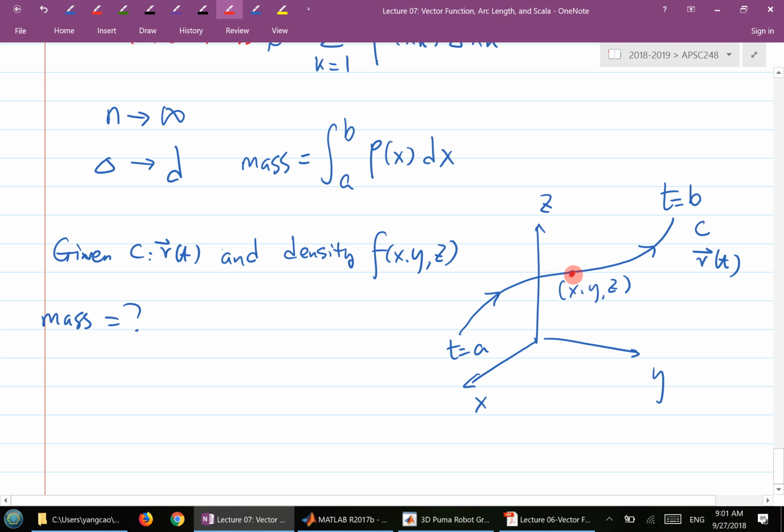I'm going to pick any point on the curve C, let's call it x of k, y of k, z of k, a general location between the starting and end point. Then I will pick a small segment of arc length around that location, which I will call delta s k.